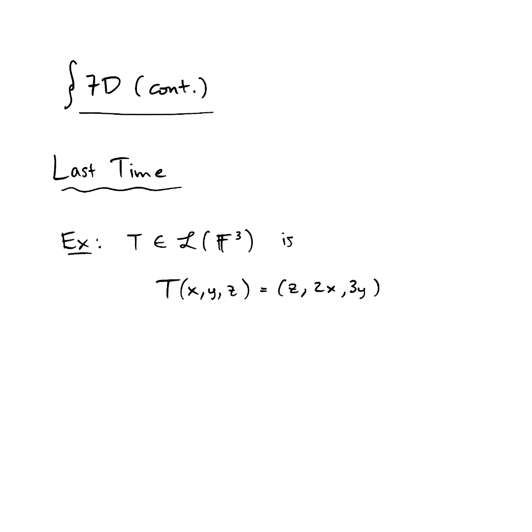Okay, so you feed this thing x comma y comma z, it spits back out z comma 2x comma 3y.